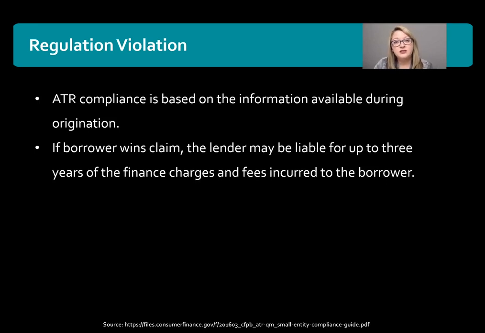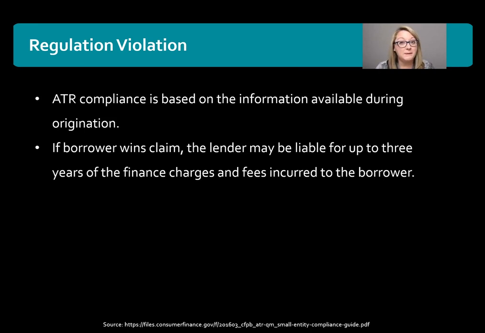Now, in another situation, let's say that the lender overlooked something that was available, so maybe they were qualifying the borrower on seasonal income and said that they meet the ability to repay based on seasonal income, and then 6 or 7 months later, the seasonal income goes away and the borrower can't pay the mortgage anymore.